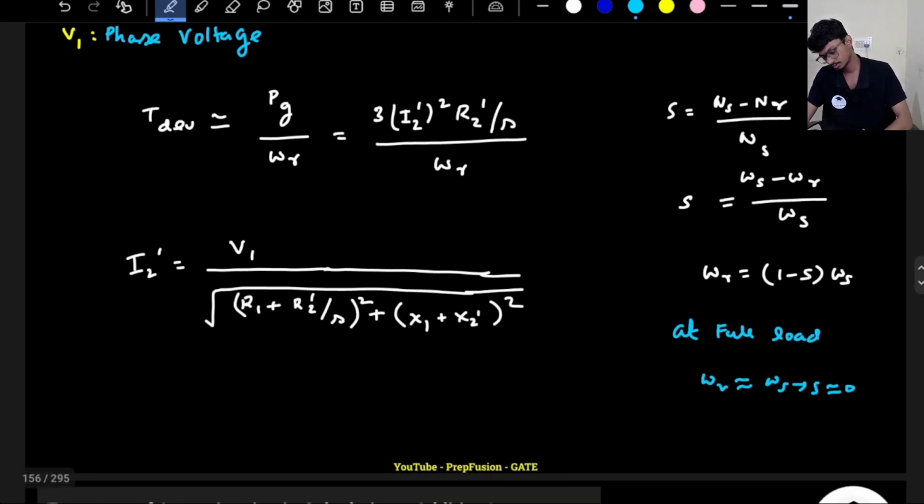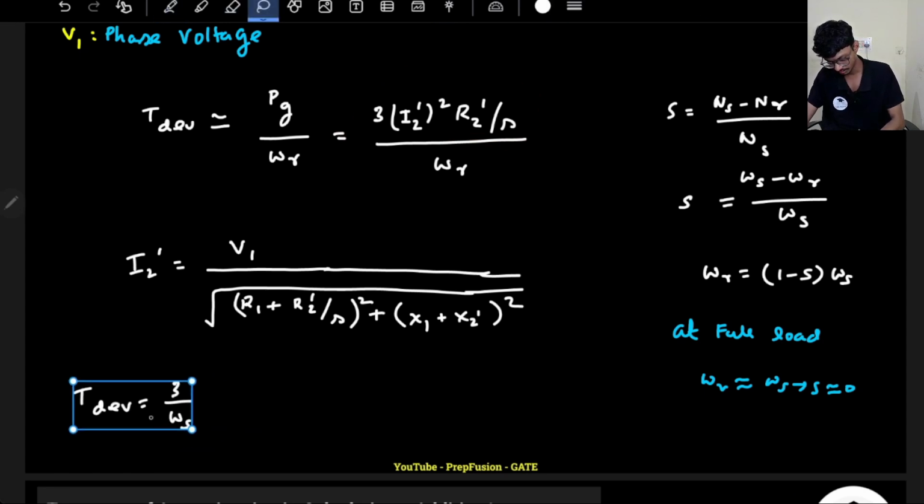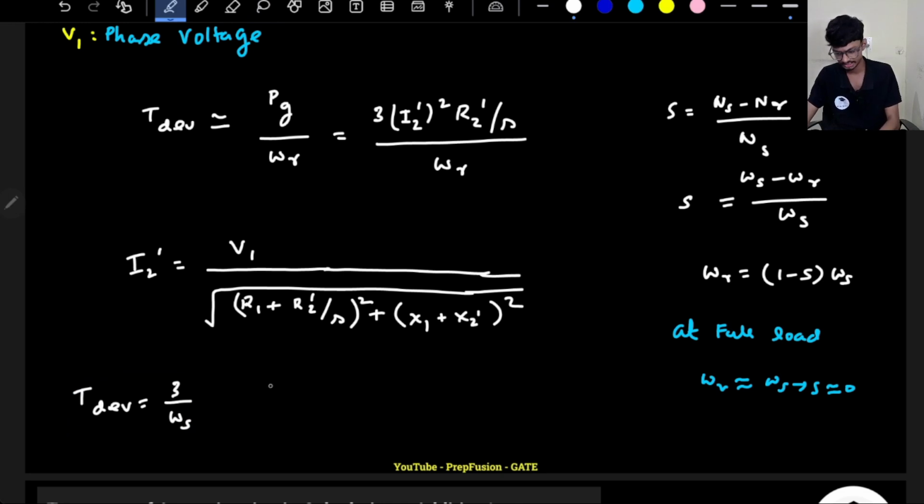So basically what I can write, this developed torque will be equal to Pg. Pg is 3 I2 whole square R2 by s divided by omega r. So this will become 3 by omega s, which is a constant number basically, into I2 whole square R2 dash by s.